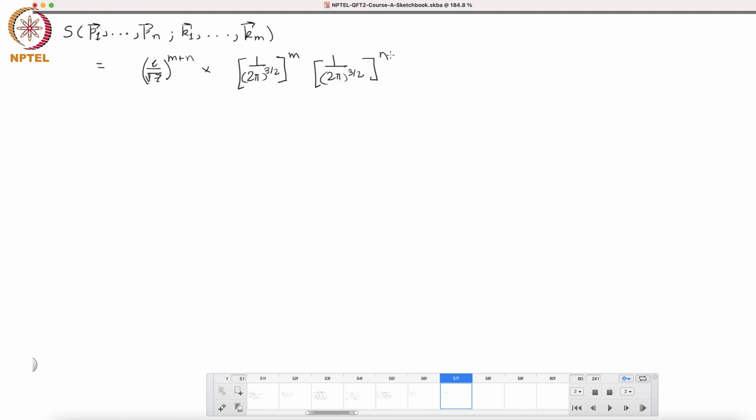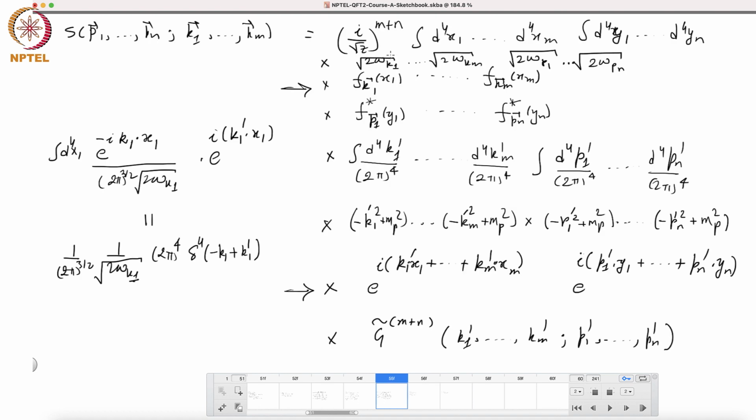Okay, so I have taken care of these (2 pi)^(3/2) and also these square roots of 2 omega ki, or rather from here I should be looking here, this has been taken care of.